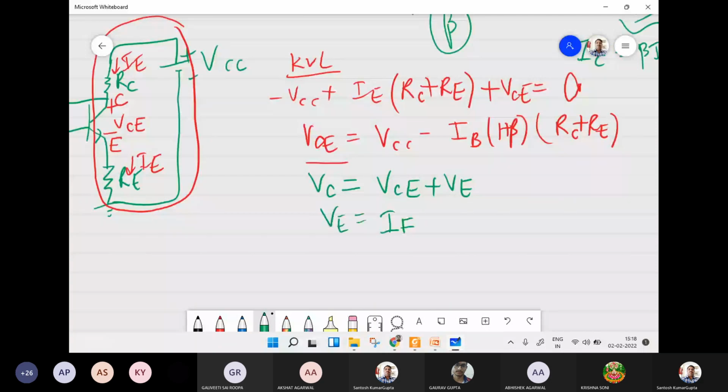This is the voltage drop occurring across emitter resistance RE. Once we know all these, the base voltage also can be found by adding VBE to the emitter voltage VE. So all these values we can easily find, and so we can decide the operating point of our transistor. Okay, so in this way we can do our analysis.